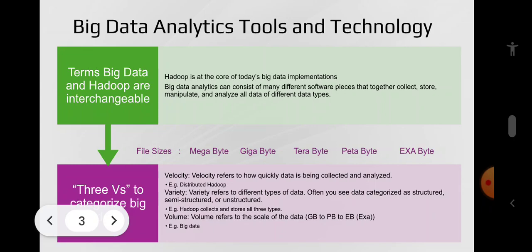Often we can see the data is categorized as structured, semi-structured, and unstructured. That is the need inside big data, that the data should be categorized. Now, Hadoop stores and collects structured as well as semi-structured and unstructured types of data.